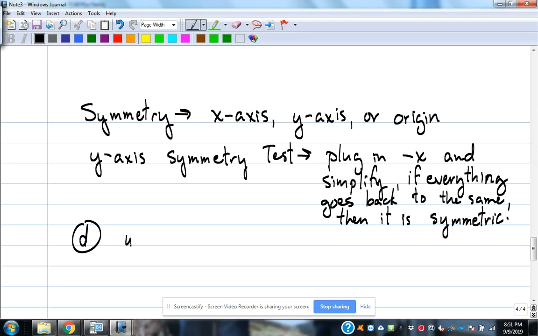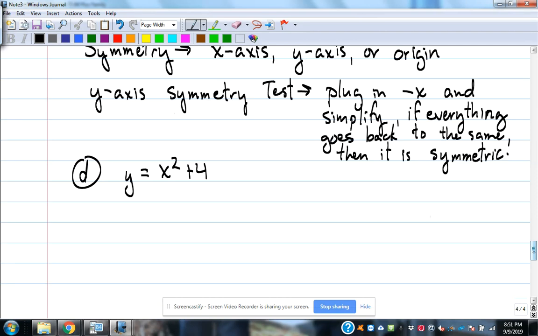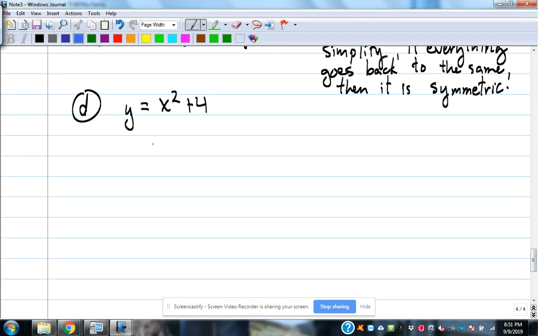Let's say we had y equals x squared plus 4. If I plug in negative x, when I square negative x, that means negative x times negative x, right? That's what squaring something means. What's negative x times negative x? Positive x squared. Plus 4 doesn't change because there was nothing to multiply there.